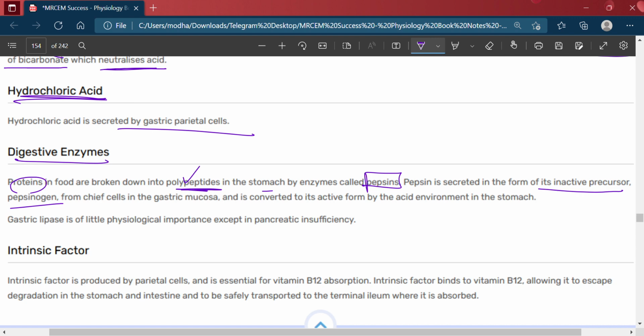It is converted into its active form, pepsin, by the acid environment of the stomach, and it does the protein digestion into polypeptides.